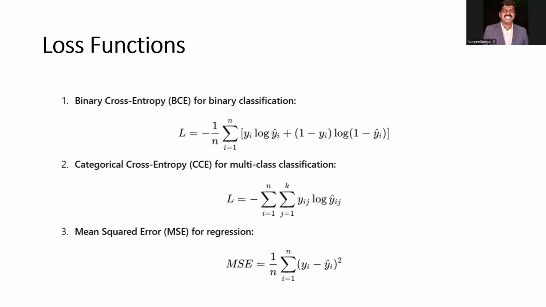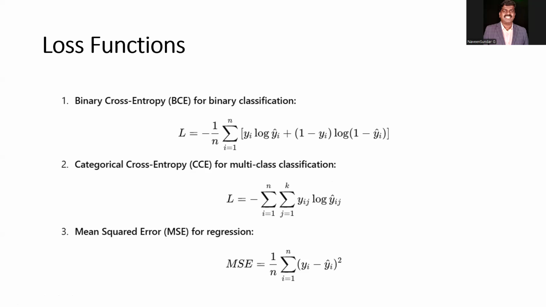That is how we go for binary cross entropy. For categorical, it is similar but over multiple values: sigma i equal to 1 to n, sigma j equal to 1 to n, y ij times the log of y hat ij. That is the categorical cross entropy.